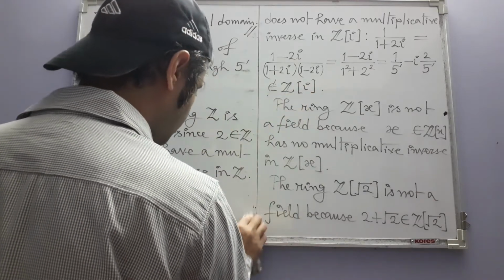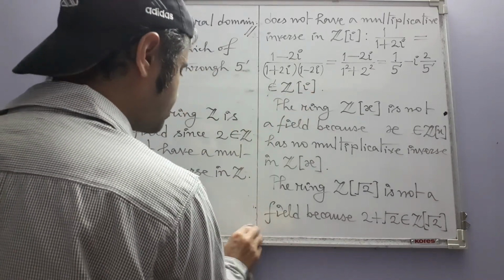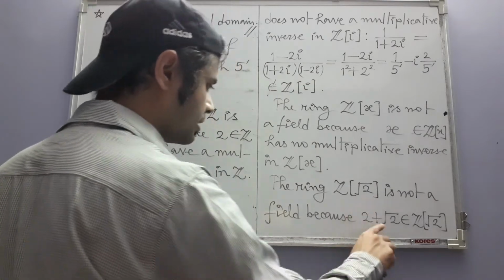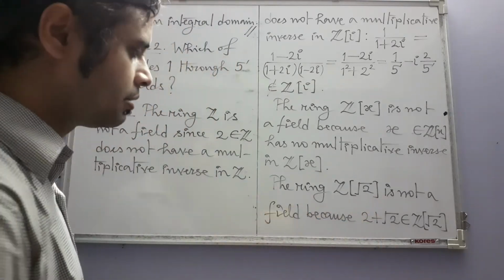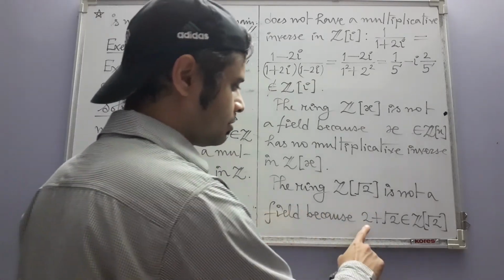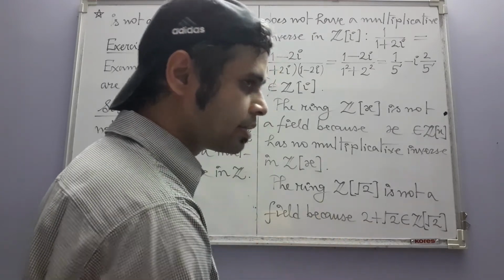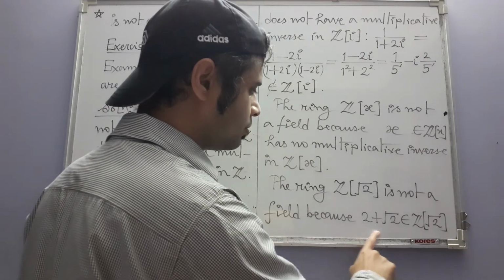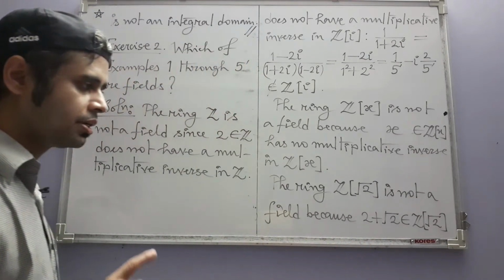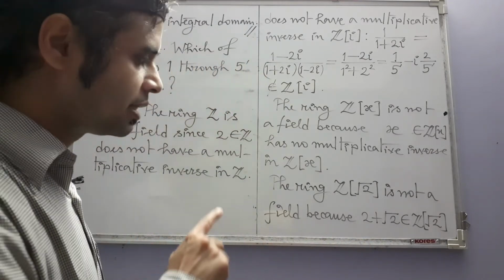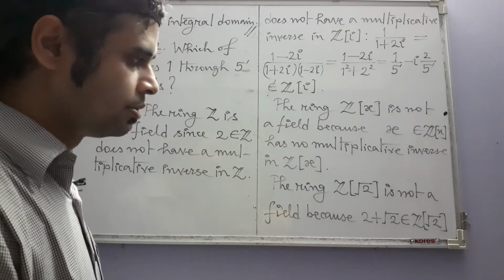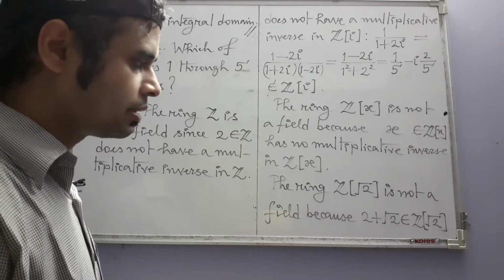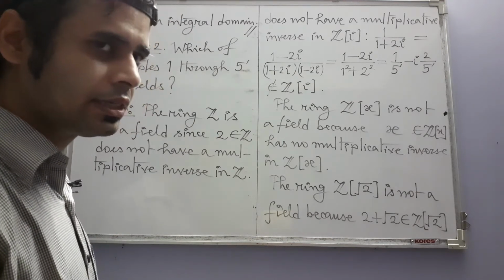So what you do, just like this one, you just consider the reciprocal of this real number and then rationalize the denominator. Here you have made the denominator real. Here you make the denominator rational by multiplying and dividing by 2 minus root 2. I think it's called rational conjugate, or it is called something.